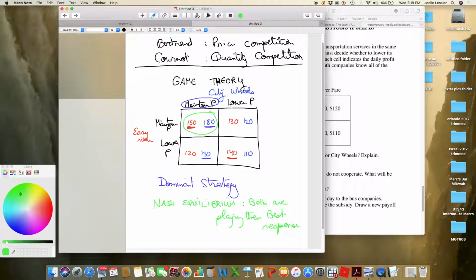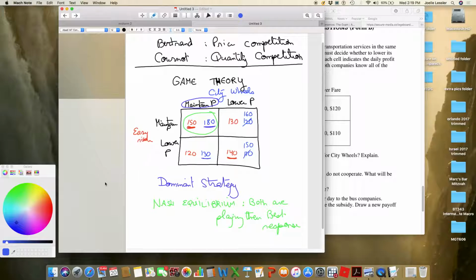So in this case, this cell, Easy Ride maintains price, so they don't make the extra money, but City Wheels lowers the price. So instead of 120, City Wheels would get 160. Here, instead of 110, City Wheels would get 150.